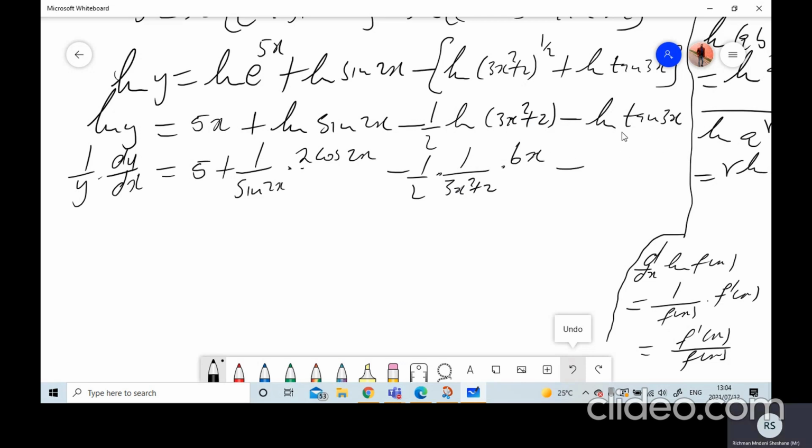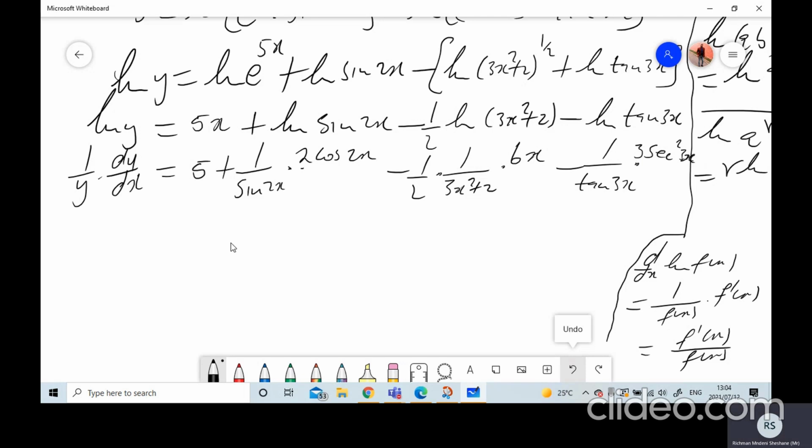And minus derivative of, again, ln of a function. This is going to be 1 over a function, 3x, times the derivative of the inner function. Derivative of tan of 3x is going to be 3 sec squared 3x.